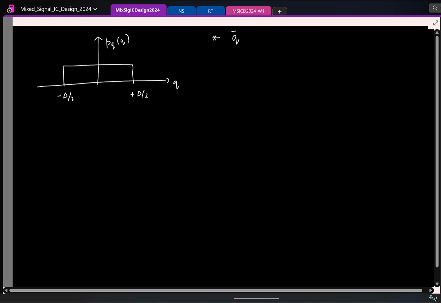What is the mean here? This is a probability PDF. What is the mean? 0, right? Because it takes both positive and negative values with equal probability. What is the mean squared value? How will you find it? And remember, mean square value is basically the power in the signal. It's the expected value of q squared.